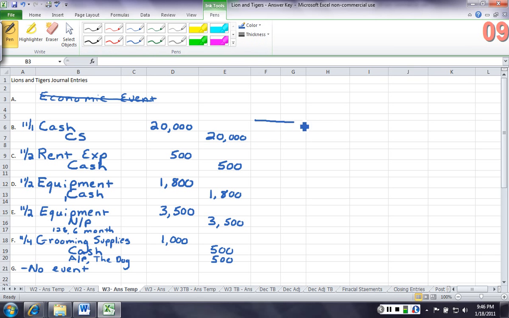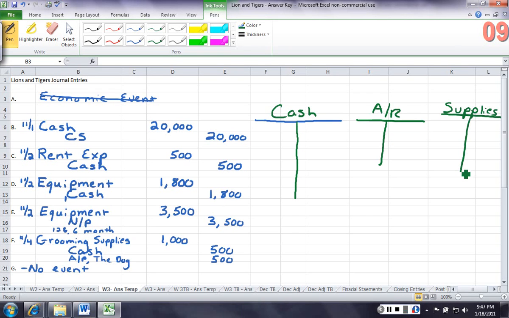Now your cash T account is going to be your biggest because it's going to have the most events. Then you're going to have your accounts receivable, and then your supplies, and then your prepaid rent, your equipment, your notes payable.